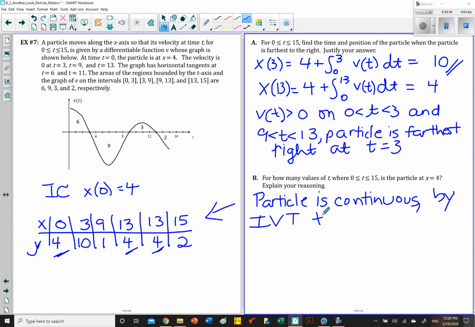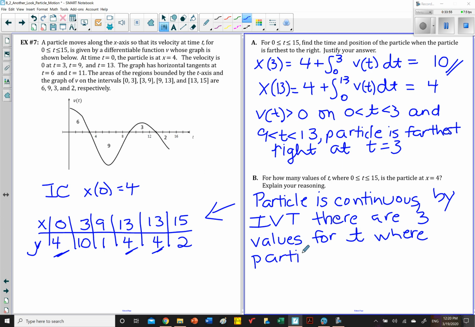Particle is continuous, so by the intermediate value theorem, there are 3 values, because remember we're looking intermediate value theorem as the y value, 3 values for time where the particle is at 4. For how many values? So 3 of them. One set initially, again at 13.